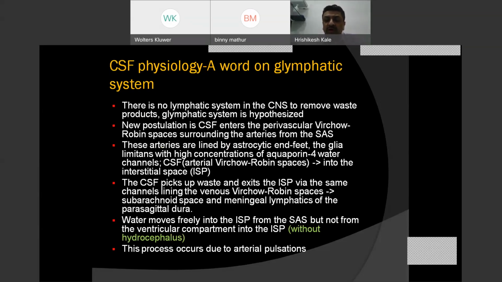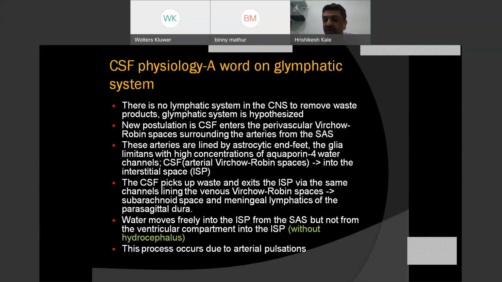So what you basically have is both production of CSF as well as reabsorption of CSF, and this then exits through the venous Virchow-Robin space. The water, that is the CSF, can move freely from the subarachnoid space into the interstitial space, but it cannot move from the ventricular compartment, and that's only true if the ventricular pressure is normal.